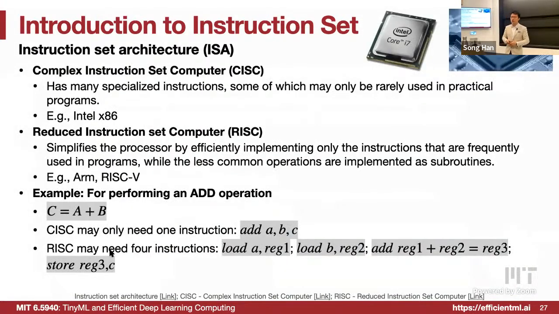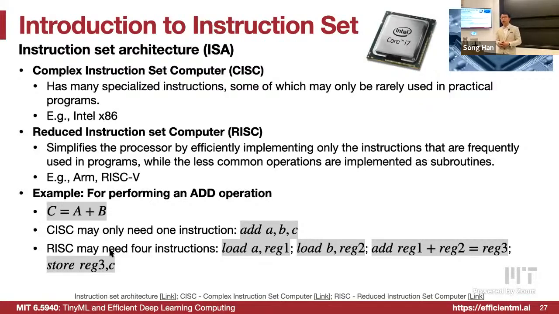And there are 2 kinds of ISAs. One is CISC, one is RISC. CISC, the C stands for complex, a complex instruction set computer, like Intel x86. It has many specialized instructions versus RISC, reduced instruction set computer, which has a more efficient implementation.